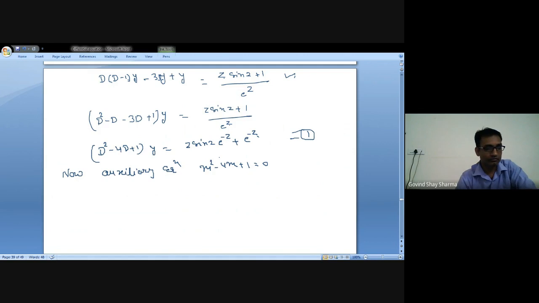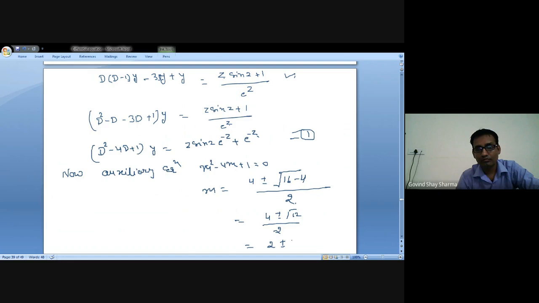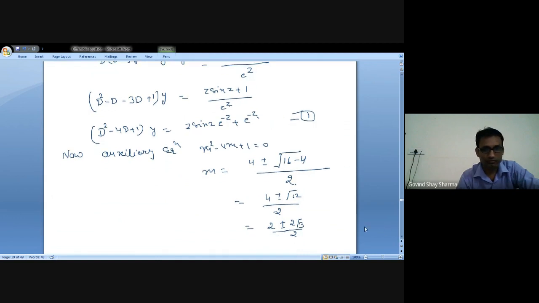We get m is equal to 4 plus minus square root of 16 minus 4 upon 2, so m is 2 plus minus root 3.